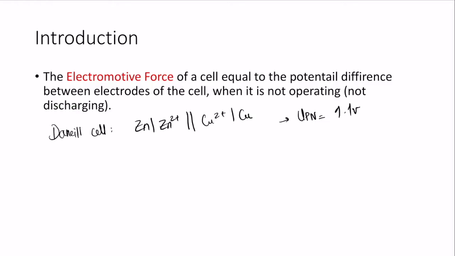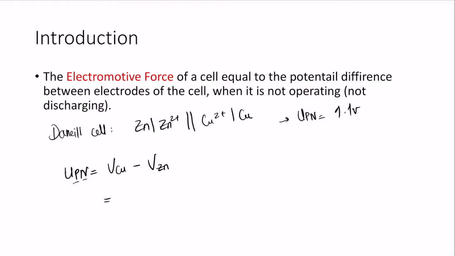We mainly assign UPN for the potential difference of batteries, because in UPN, the P stands for positive and the N stands for negative. So the UPN of the battery is the potential difference between the half cells. So it's V for Cu minus V for the Zn.